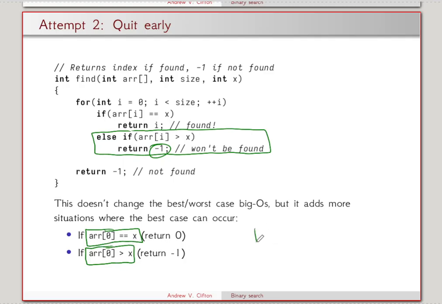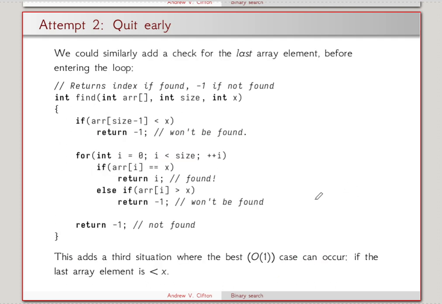If I'm looking for a 12 and my array starts at index 0 with 27, I know that everything in the rest of the array is going to be greater than or equal to 27 too, so there's no point in searching for a 12 in the rest of the array. So my best case is the same, it's O of 1, but it happens more often. There's another situation where it could happen.